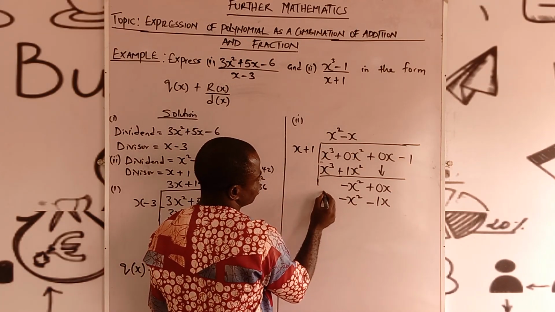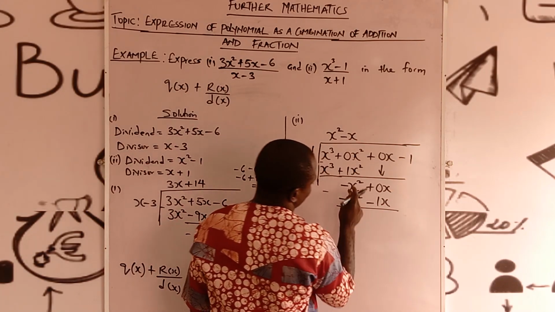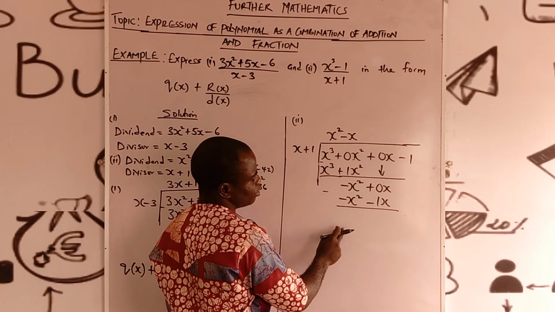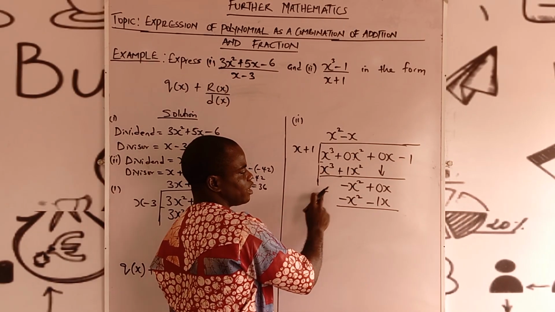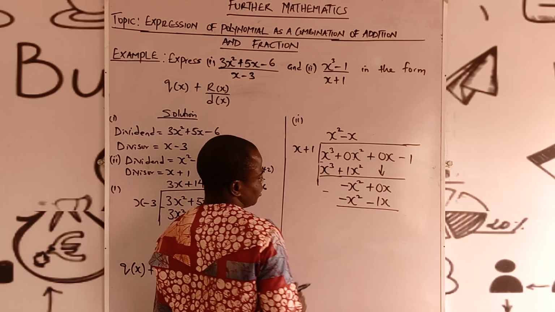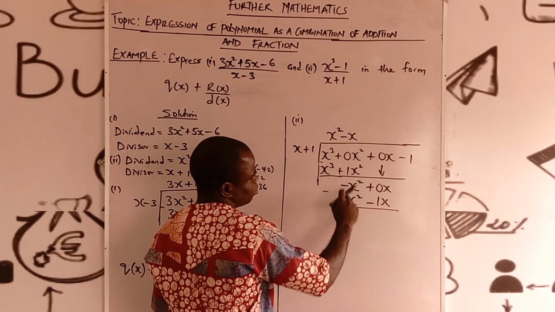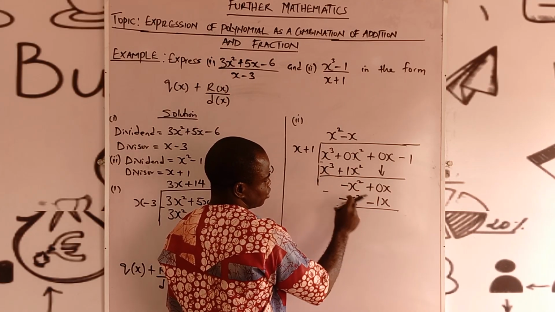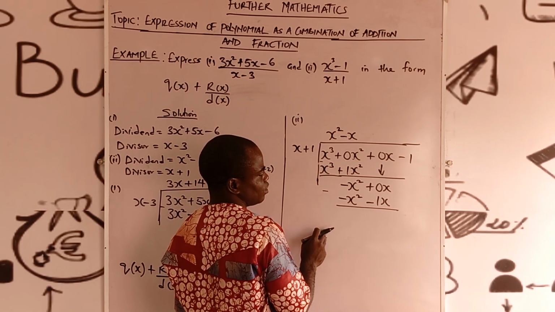What we do here is introduce negative, minus x squared, so that they cancel out. You have to put a sign here that will make sure the two of them cancel. Okay?